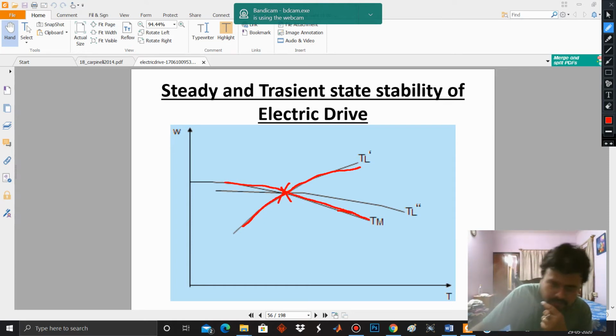So we are concerned with the lines marked with red. So this is your operating point. So let this be the operating speed.